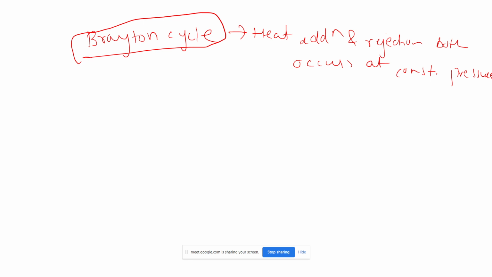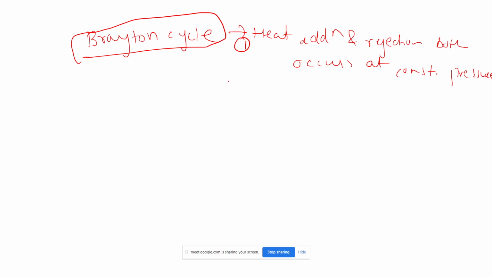In the Brayton cycle, heat addition and rejection take place at constant pressure, but the other two processes are isentropic. We basically describe the process on the basis of rejection and addition of heat. So in the Brayton cycle, heat addition and rejection both occur at constant pressure.